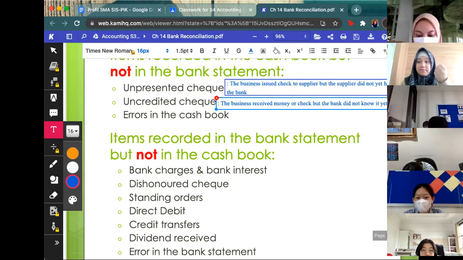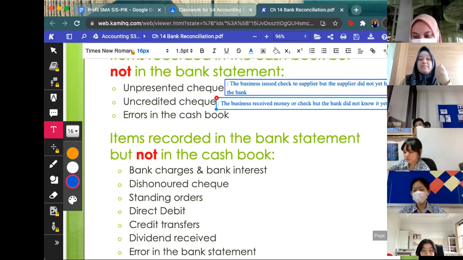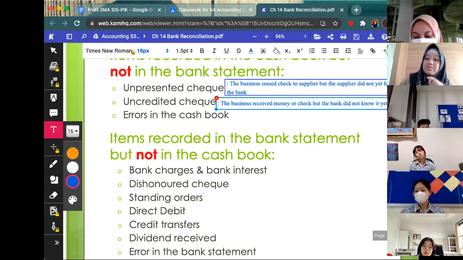Maybe the business received the check but has not yet handed it in to the bank. So the bank did not know that you just received the money in September, let's say. They will know when you hand the check to the bank, or it is still in transit.